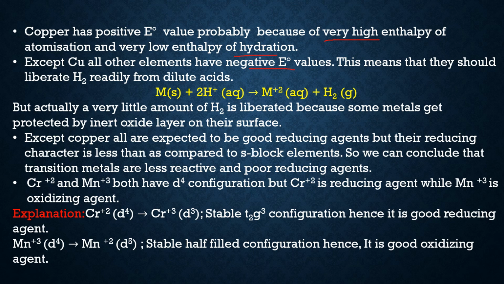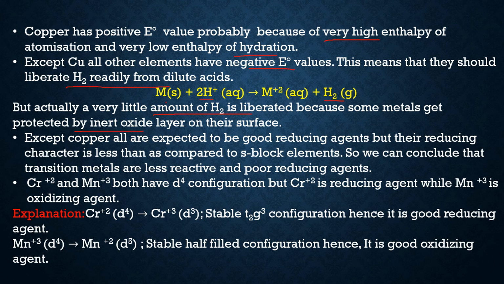This means that they should liberate hydrogen gas readily with dilute acid. So the reaction should be: metal reacts with acids and produces hydrogen gas. But actually a very small amount of hydrogen gas is liberated. The reason is the presence of an inert oxide layer on most of the metal surfaces.